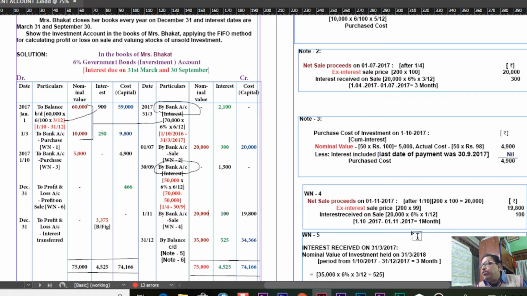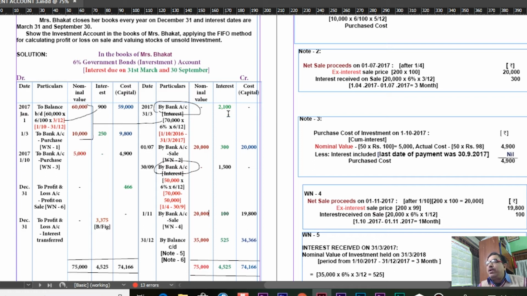Therefore, you have to consider the period from 1/10/2017 to 1/11/2017, that is for 1 month only. Therefore, interest is charged on 20,000 rupees into 6% into 1/12. That is, I got only rupees 100.